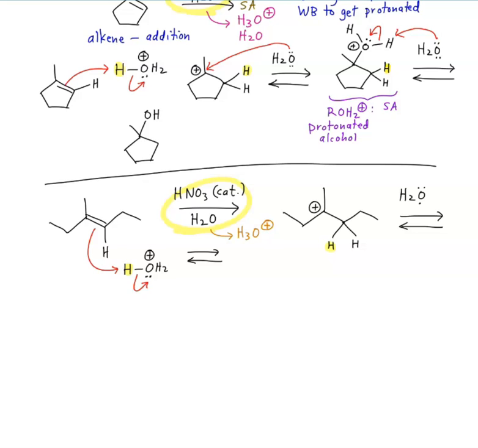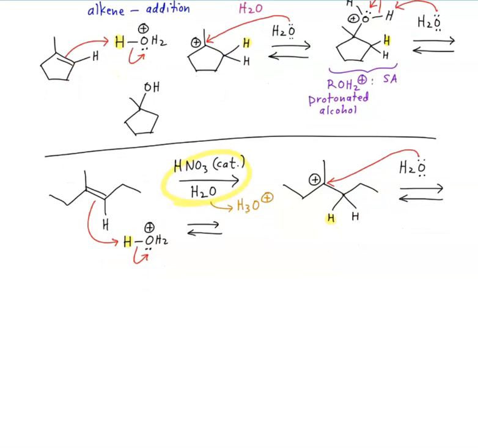Following that is an attack by the nucleophile water. So water performs a nucleophilic attack on the carbocation, forming a bond to it. Everything attached to the oxygen comes along for the ride.